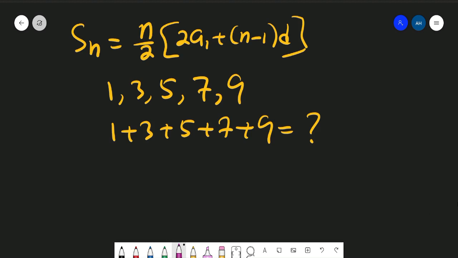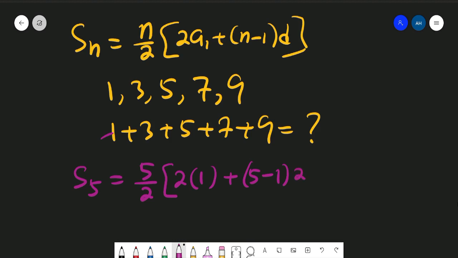We write S5, the sum up to the first 5 terms of the sequence. S5 is equal to n, which is 5, over 2, multiplied by 2 times a1. A1 in this case is 1, plus n minus 1. n in this case is 5, so 5 minus 1, multiplied by d.